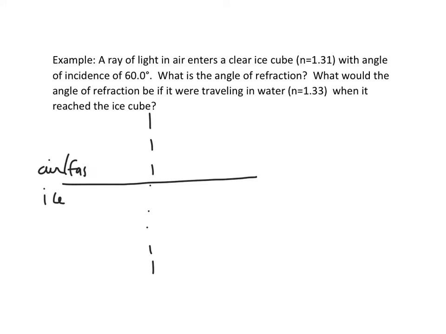So I like to make a note: this is fast, so this is going to be slow. The angle of incidence is 60 degrees. So here's our incident ray coming in at 60 degrees, and then it's going from fast to slow, so it's going to refract towards the normal. And this would be my theta 2.